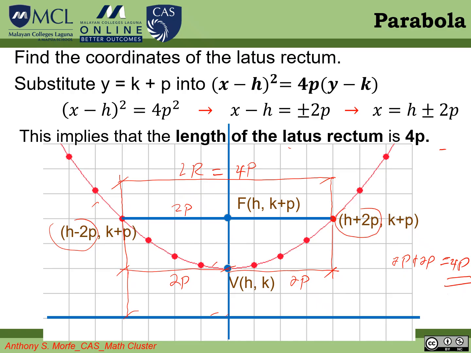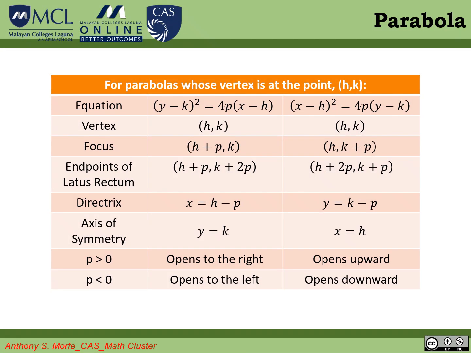Alright, so I hope you've got that. Then let's summarize this one, class. This is the summary. For parabolas whose vertex is at point hk, we have the following equations, either this or this one: y minus k squared equal to 4p times x minus h.